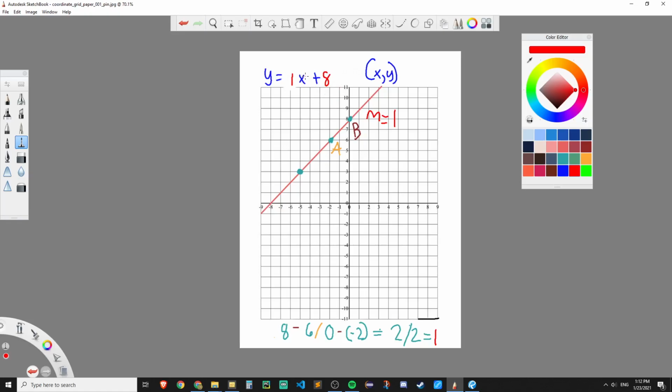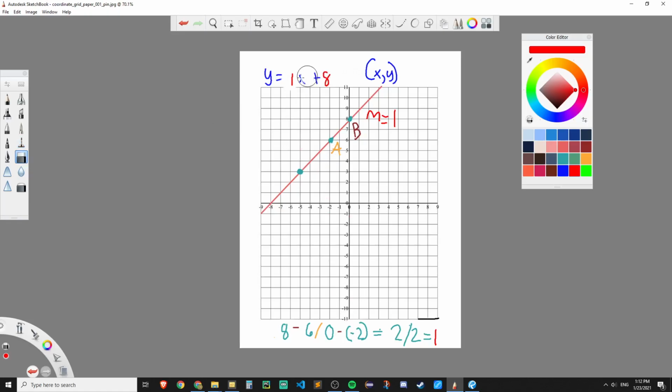So now we have to pick any X value so that we can find our Y value. Our X value could be the XA. Our XA is -2.